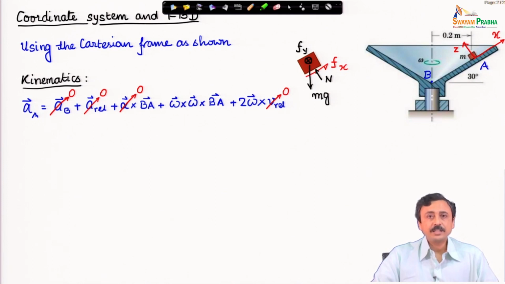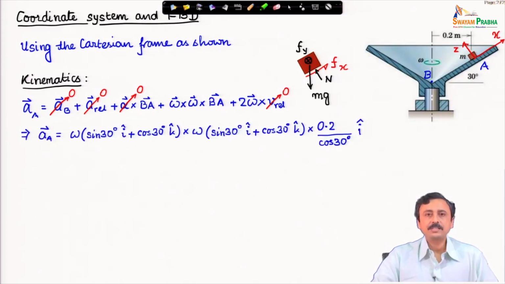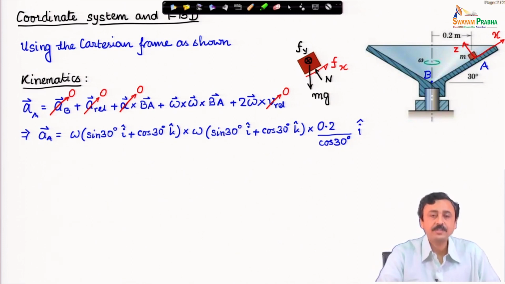The dish is not accelerating angularly, so alpha is 0. What we are left with therefore is only this omega cross omega cross BA term, where omega is the angular velocity of the frame.